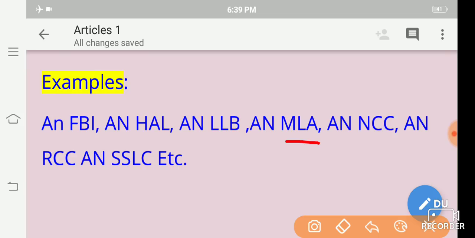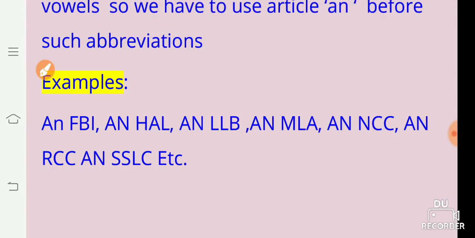You can try it: MLA. A vowel sound is pronounced before uttering this MLA word. But when it is written in full form, it sounds different. Member of Legislative Assembly, there M is pronounced as M, purely consonant. But when it is written in the form of an abbreviation, it sounds like a vowel.